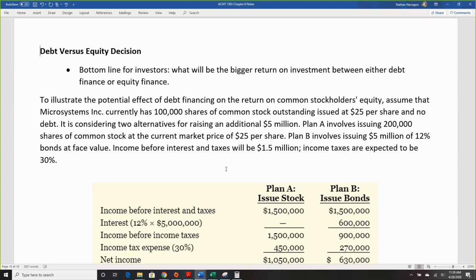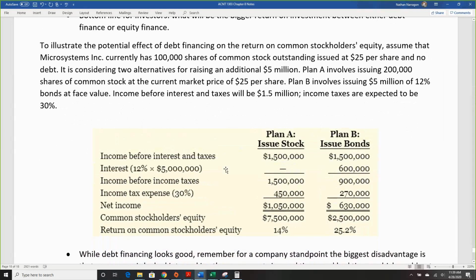Income before interest and taxes will be $1.5 million. Income tax is expected to be 30%. So a lot of numbers coming at you, but we're going to basically break it down.